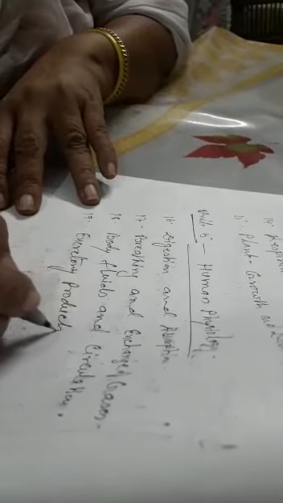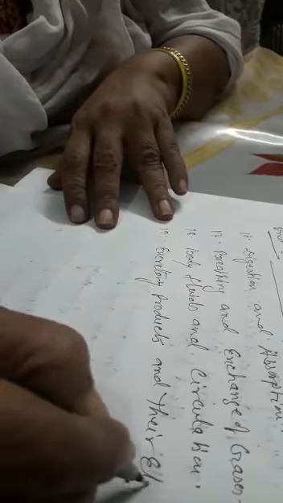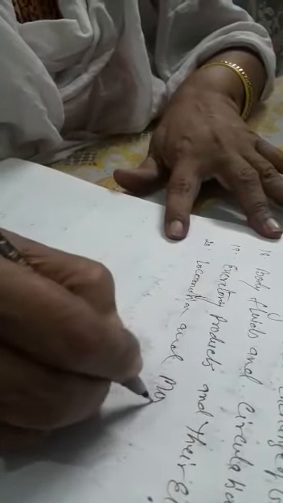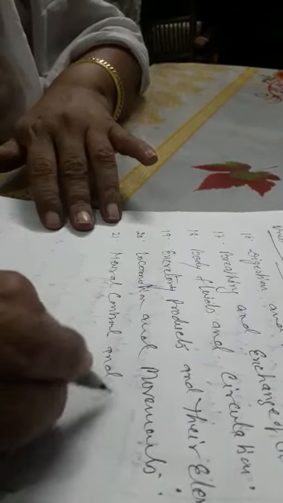Next chapter, locomotion and movement. Next, neural control and coordination.